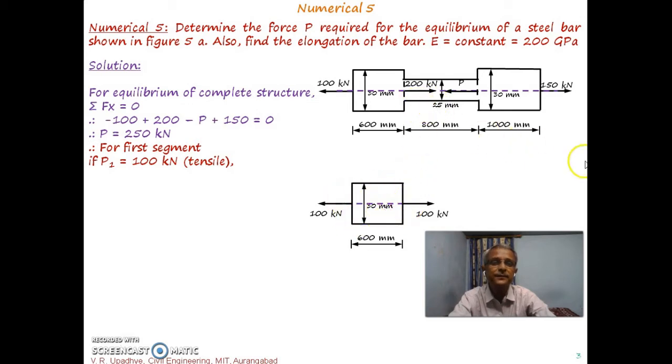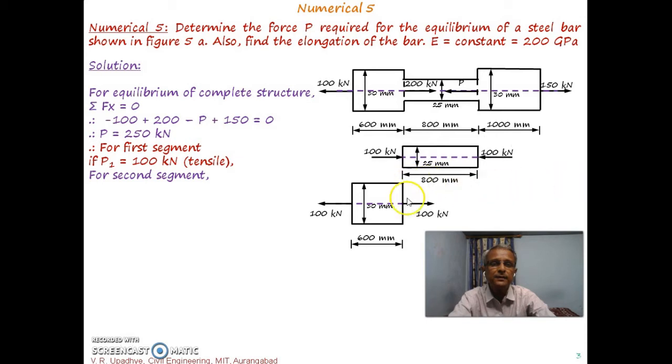So that is remaining. So what we can do is, for segment 2, draw its free body diagram. Now this 100 kilonewton and this 100 kilonewton together will be 200 kilonewton, which is applied in the original structure. So this is 100 kilonewton, and for equilibrium of this segment 2 there must be an opposite 100 kilonewton.